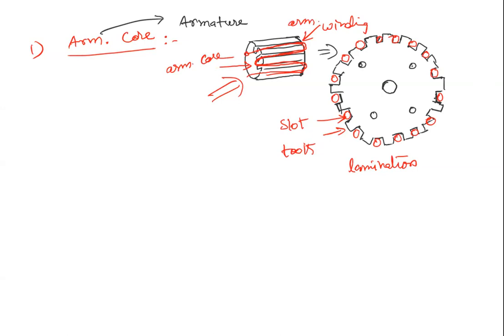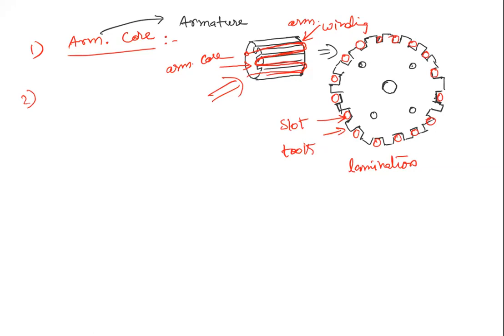So next one is what? Second one is armature winding. So armature winding is done.